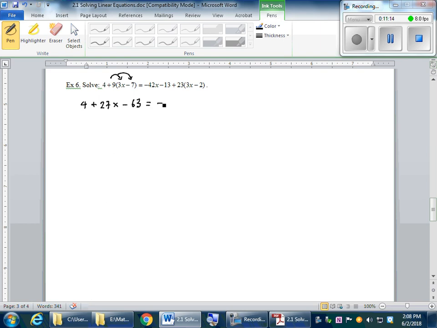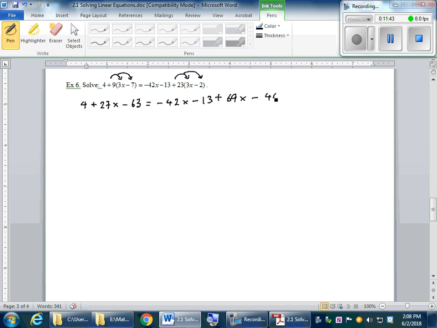On the right hand side, negative 42x minus 13. Now we're going to distribute this 23 to both sides. So 23 times 3, that will give me plus 69x. 23 times 2, that will be negative 46.